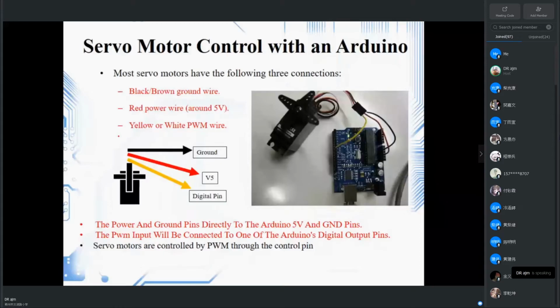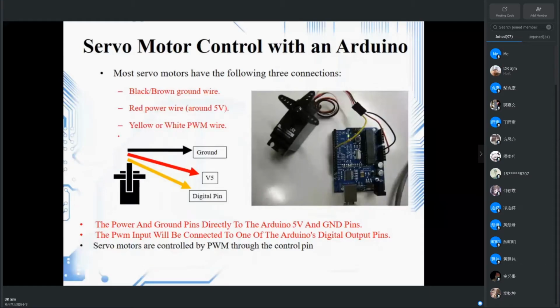I can use them for the servo motor and directly connect the power and ground pins directly to Arduino board, and PWM pin inputs will be connected to one of the digital output pins. Servo are controlled by PWM through the control pin.